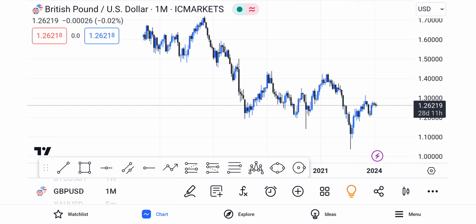So for a trend line to be known as an effective trend line, it has to have at least two touches for us to consider it as a valid trend line.